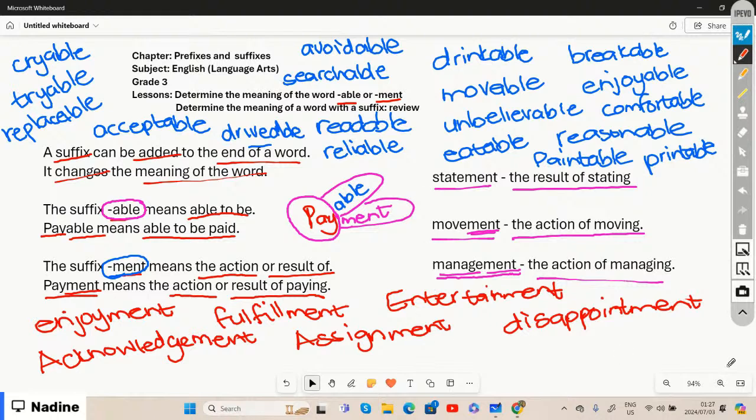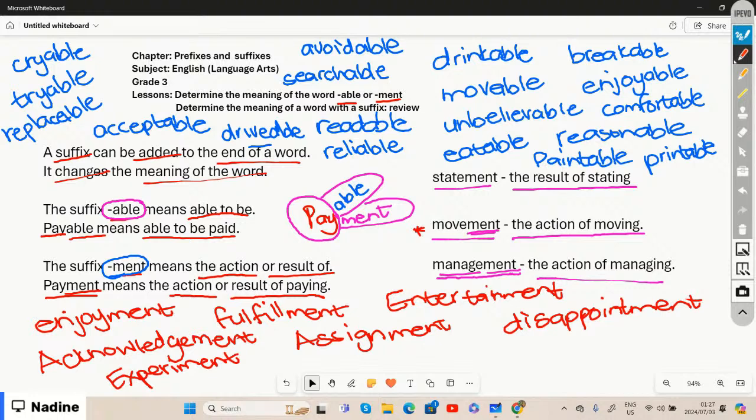It is the action of disappointing something or someone. So we have disappointment. We have movement. Here we have movement. Yes, well done. Right? So that is basically words with the suffix ment, and we said ment either means the action of something or the result of something. We have experiment. Yes, well done. Experiment is correct, so well done.